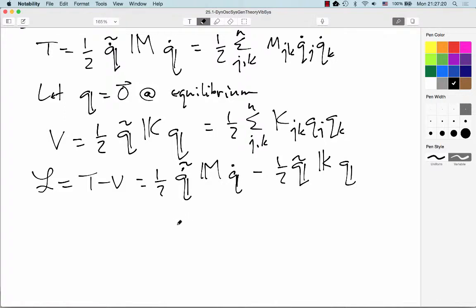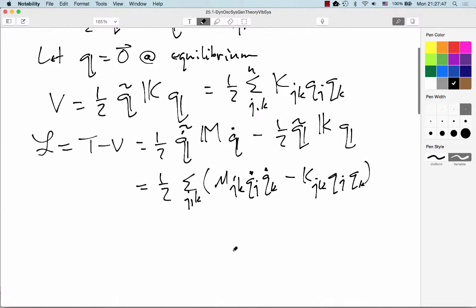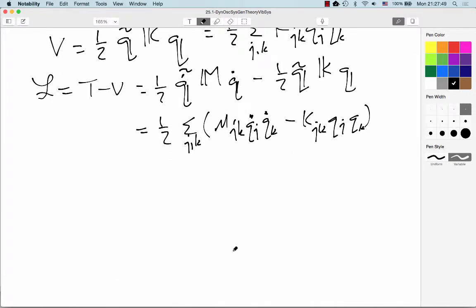Or we can write that in index notation as 1/2 times the sum over j and k of m jk qj dot qk dot minus k jk qj qk. All right. So then we can attack all of our equations of motion all at once with this summation notation here.